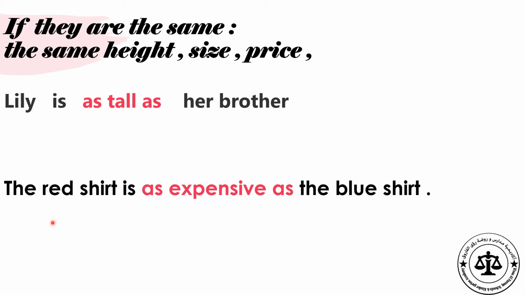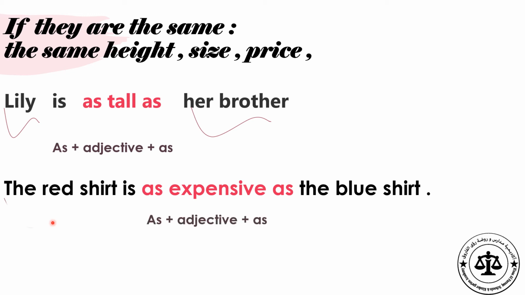So the second form of comparative is as adjective as, that we use if we want to talk about or compare things that are the same, as we see here. Lily and her brother have the same height, the red shirt and the blue shirt have the same price.